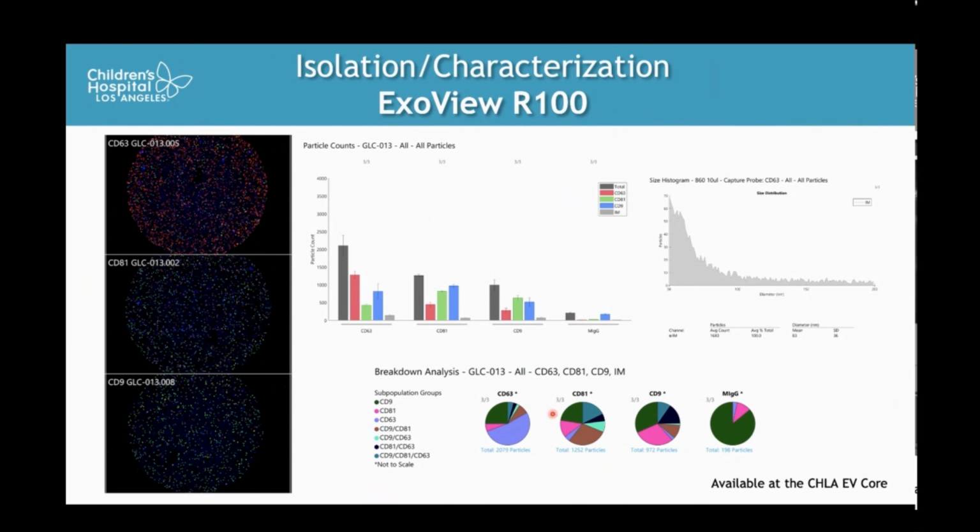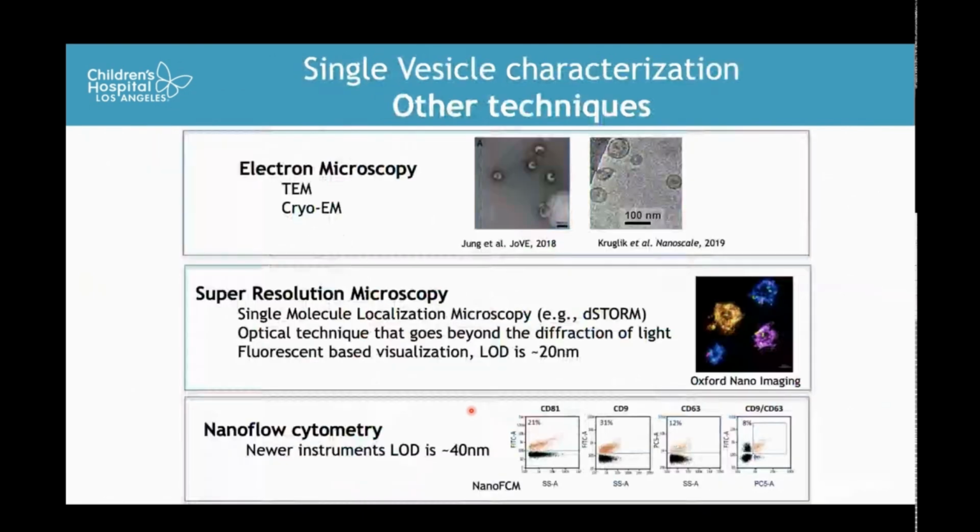And this is very interesting because it's opening a new era of the ability to see subpopulations of markers on single vesicles. It's very useful for biomarker studies because these markers can also be swapped for other ones, for example, cancer markers, and to analyze EVs as potential biomarkers.